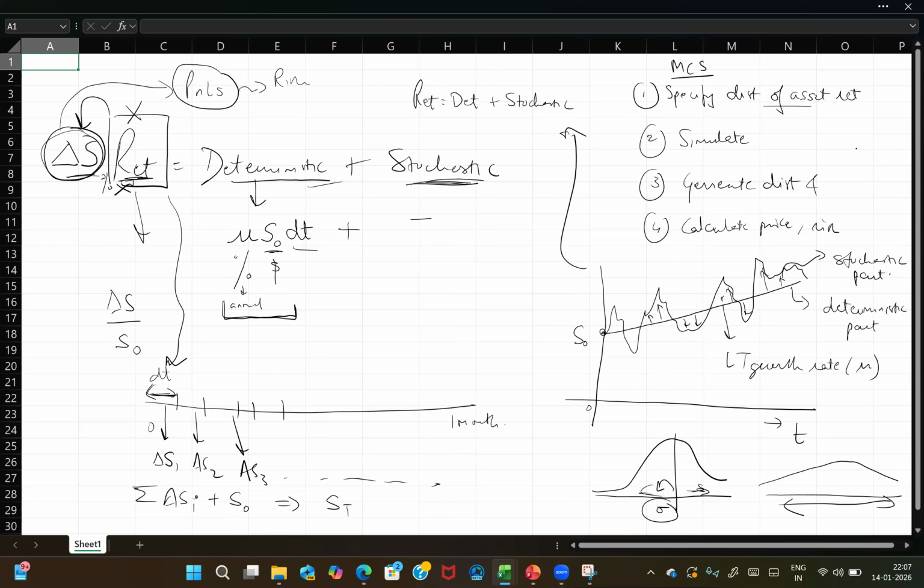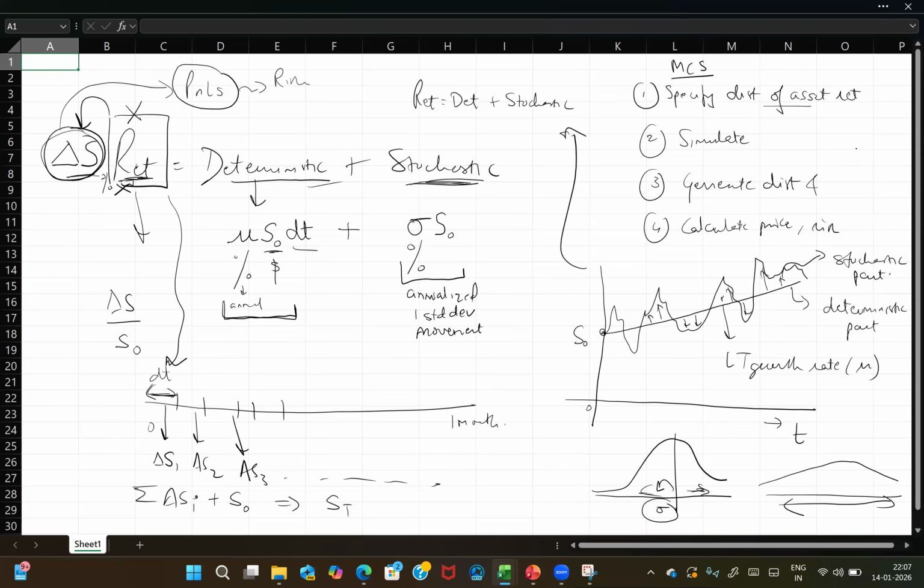So I should definitely have sigma, the volatility, which is in percentage terms. I will multiply this by S0 again. And this will give me the annualized one standard deviation movement.